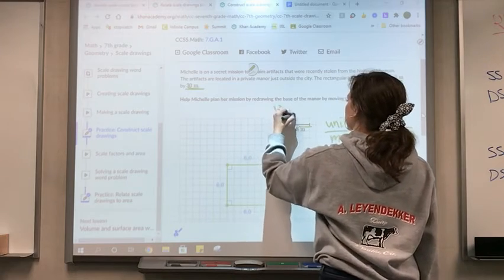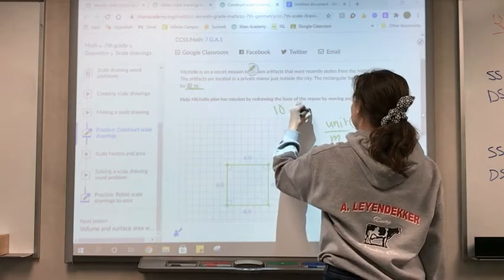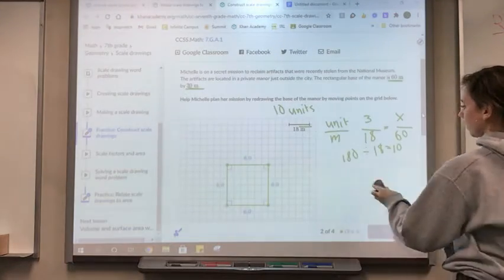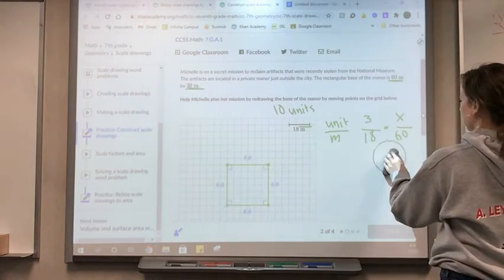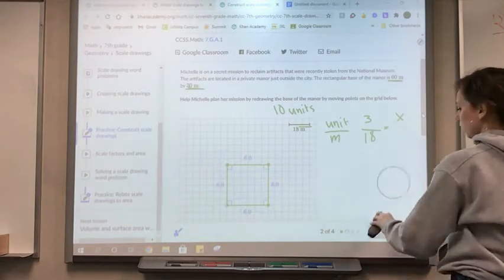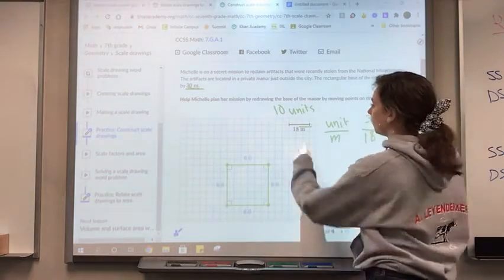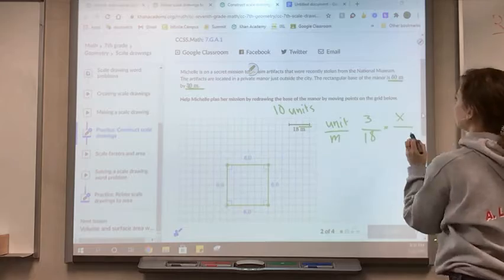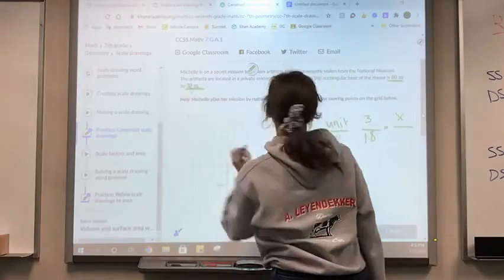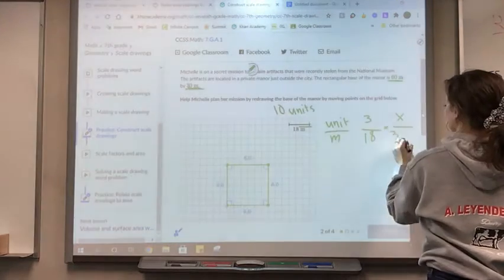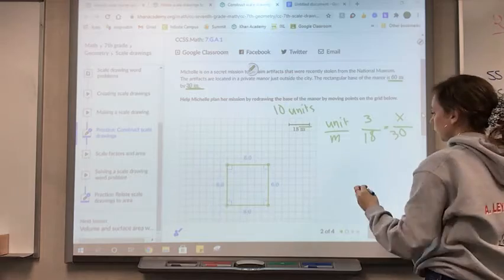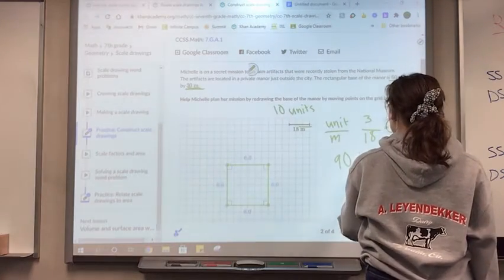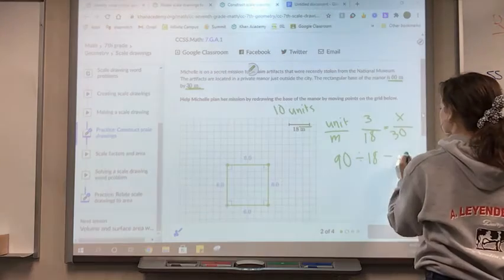We'll just write that up here. And then we have to determine what the other length of the base is going to be. So we can keep the same scale, the 3 units for 18 meters, but this time we are using the 30 meters. So we do 3 times 30 equals 90, and 90 divided by 18 equals 5.